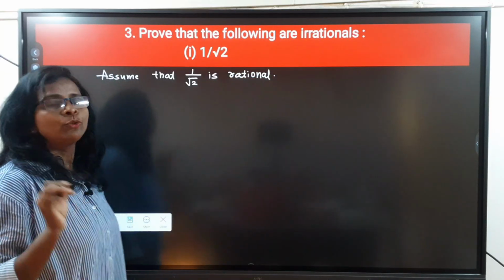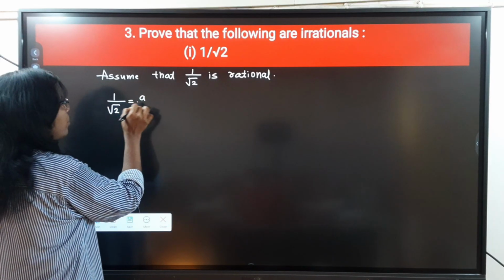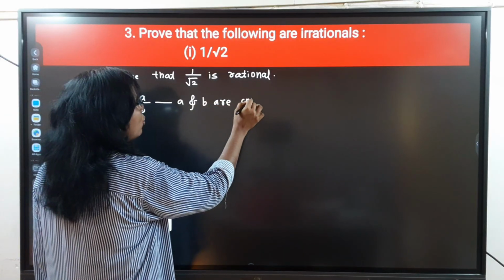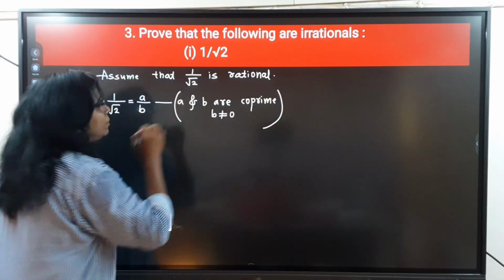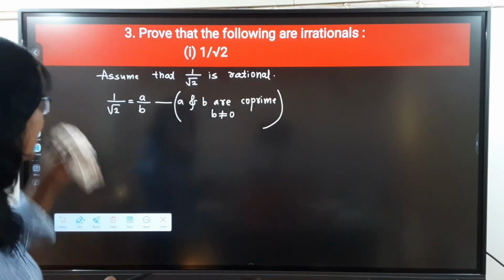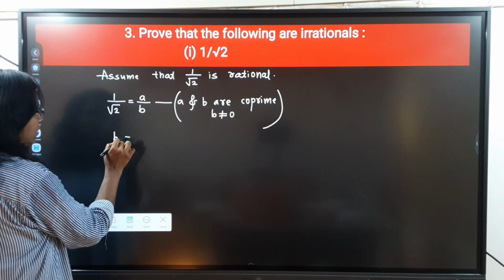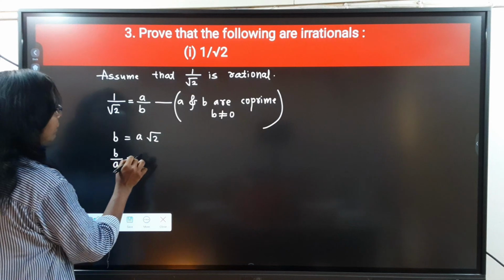As 1 upon root 2 is rational, that means students 1 upon root 2 can be written in a upon b form, where a and b are co-prime, and where b is not equal to 0. Now students, cross multiplying, b is equal to a root 2, that means b upon a is equal to root 2.